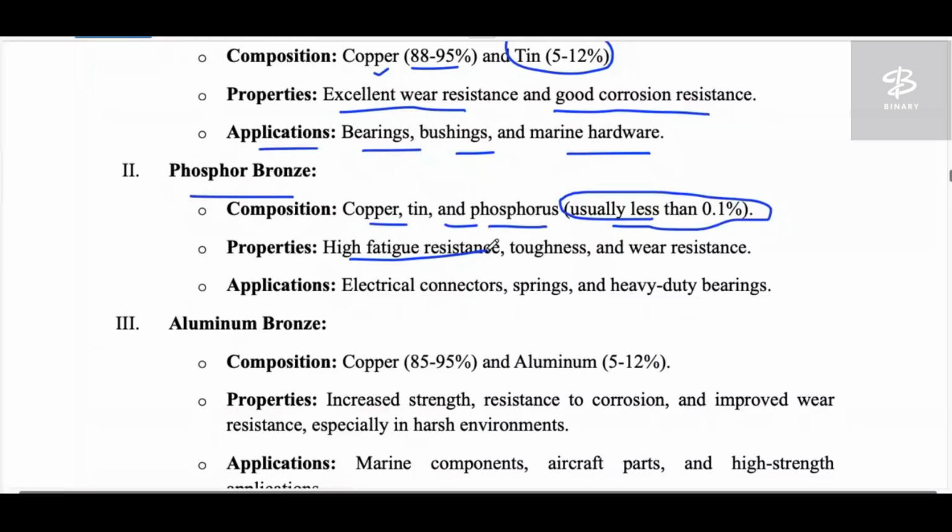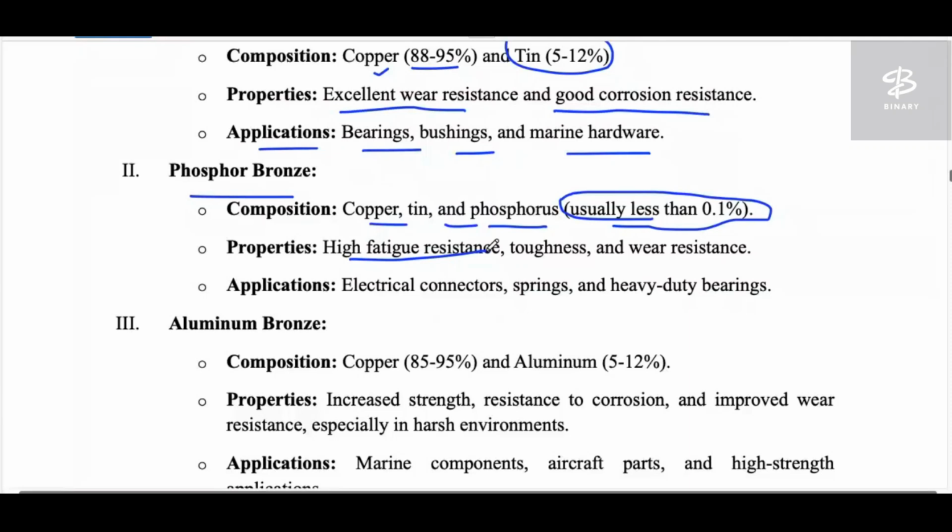Now you can think about which components in our society experience fatigue stress. You would be shocked that most of the machine parts we see in our environment experience fatigue stress, alternating stress, fluctuating load.